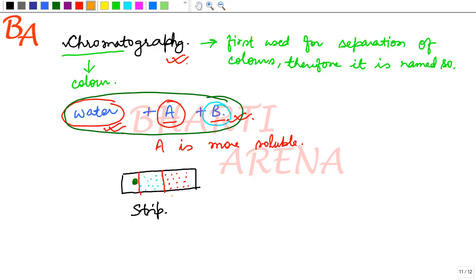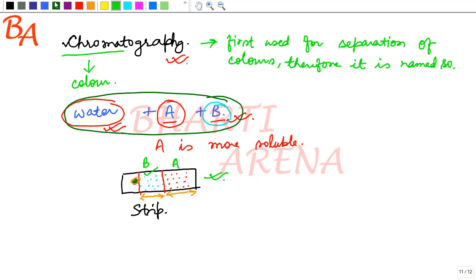So A will travel the maximum distance, up to here, and B covers less distance, therefore it lies nearer to the mixture spot where we applied it. So in this way we can separate A and B components.